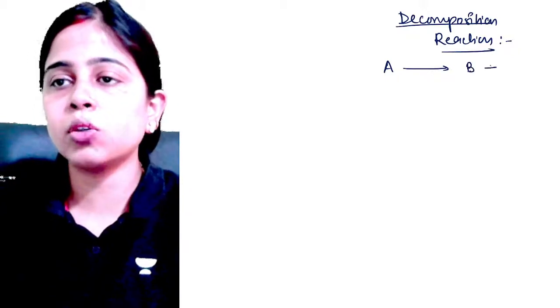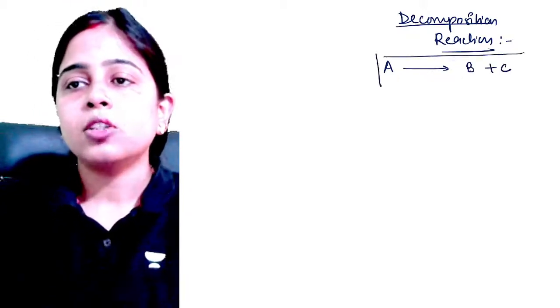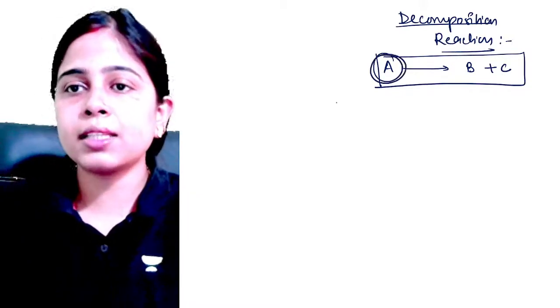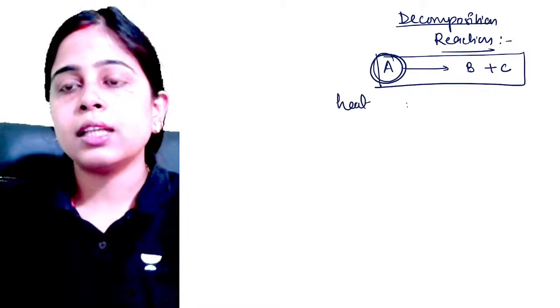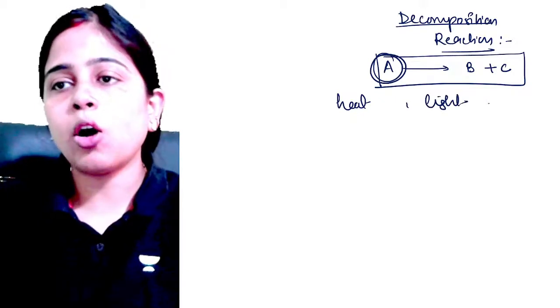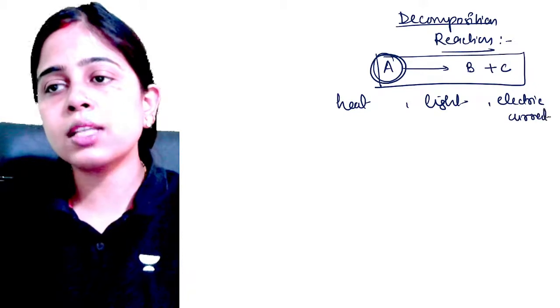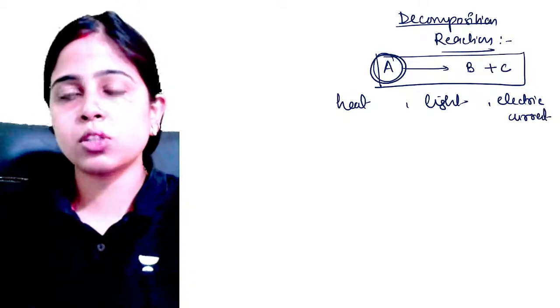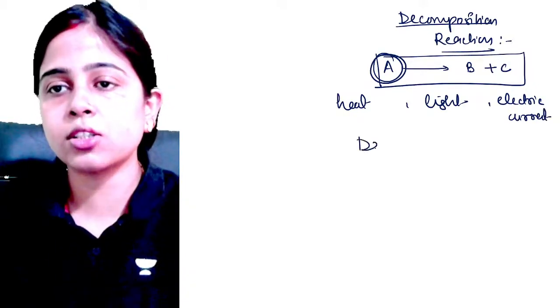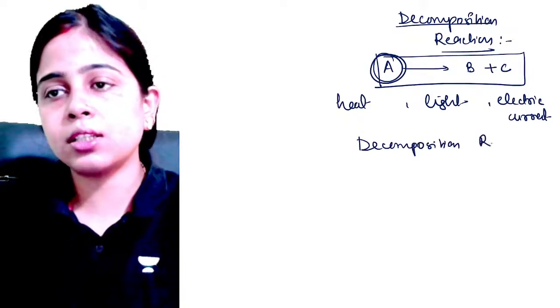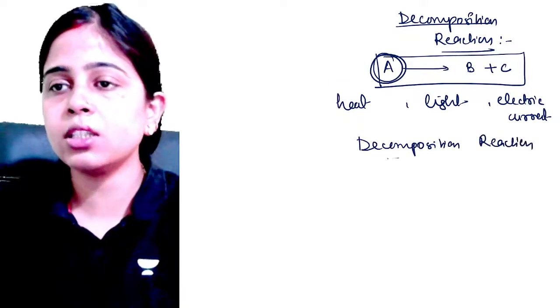A is breaking down to, let's say, give you B and C. So this is your decomposition reaction. This breaking of A can take place in the presence of heat, light, or electric current. So on the basis of these sources of energy, a decomposition reaction is of three types. Let me show you what the three types are.